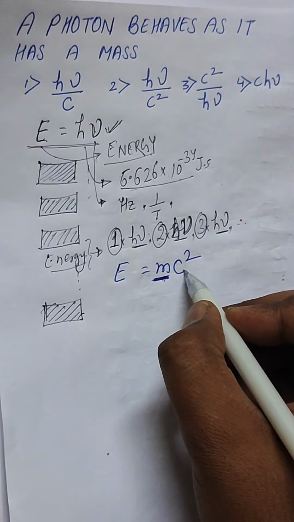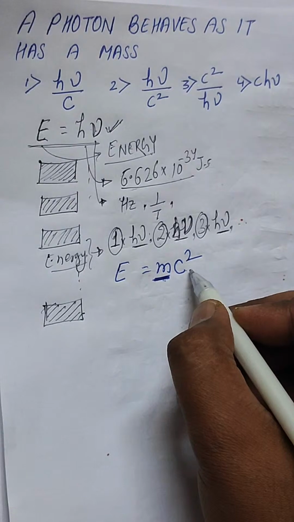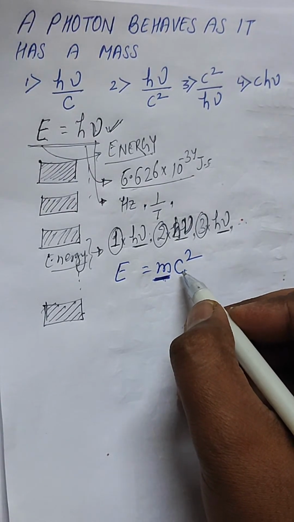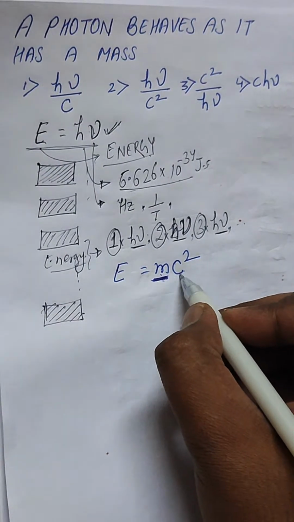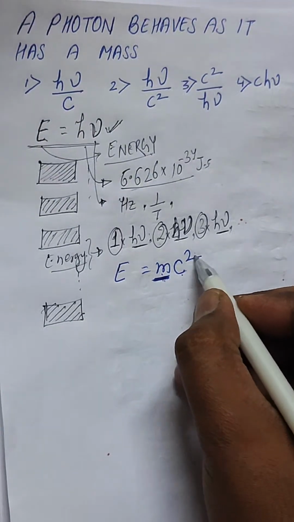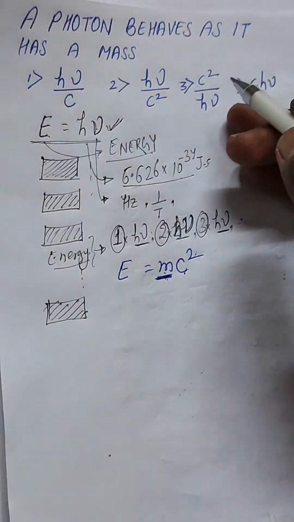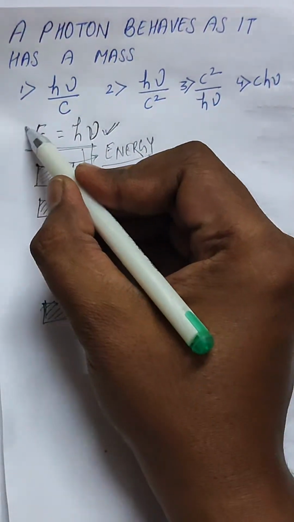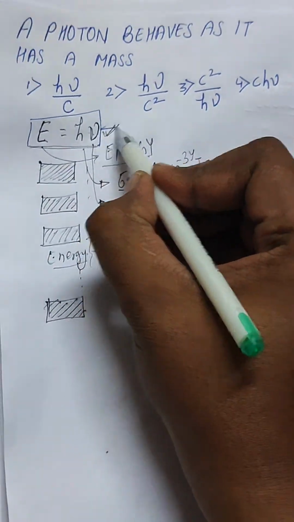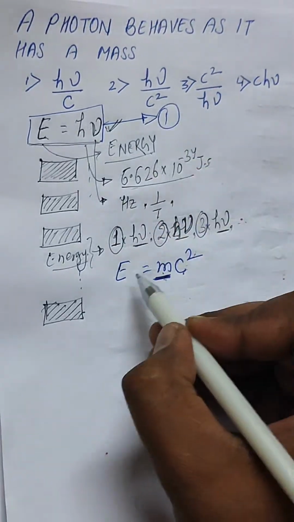Here m is the mass. It is a fundamental concept in physics stating that energy is equal to mass times the speed of light squared, where c is the speed of light. Now let us relate this. E is equal to h mu; let us say this is equation number 1.